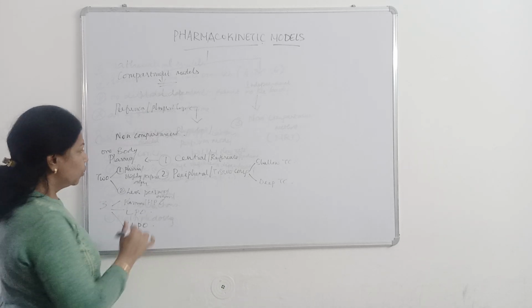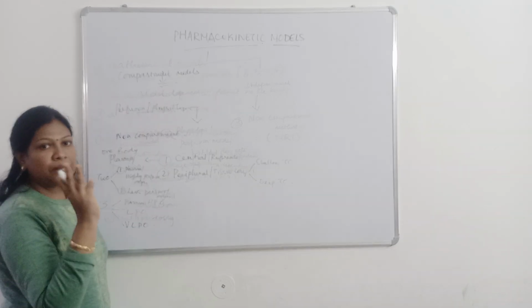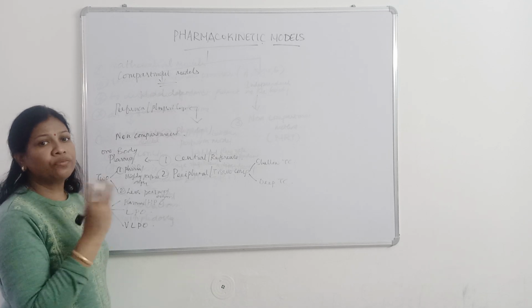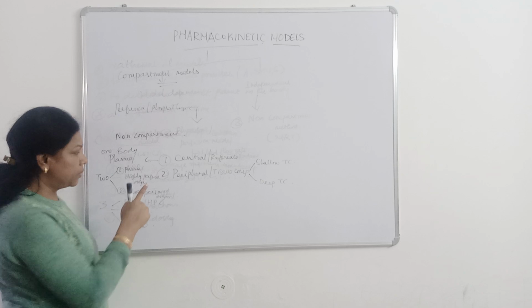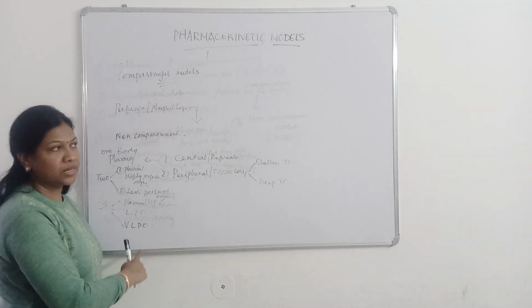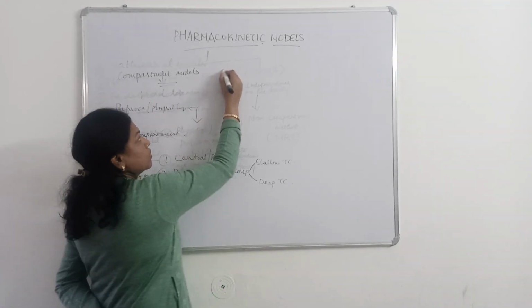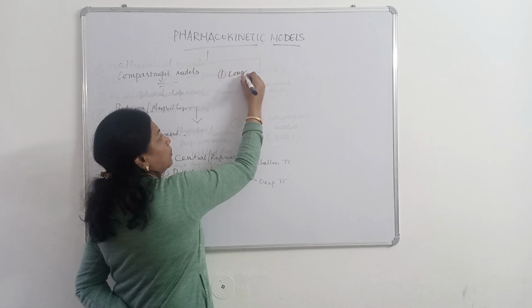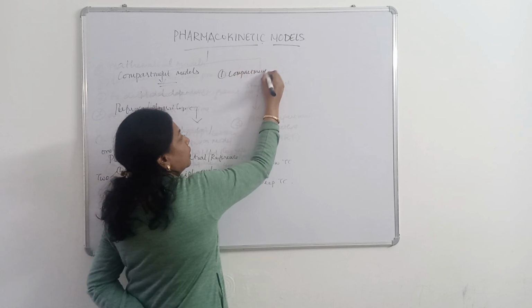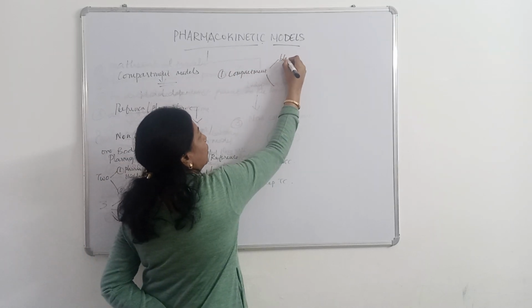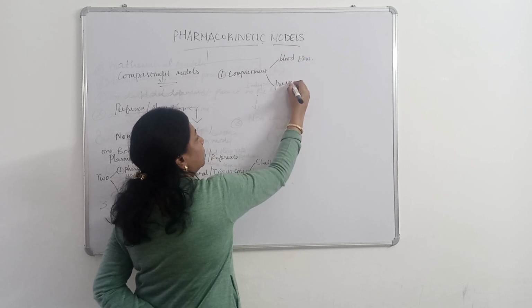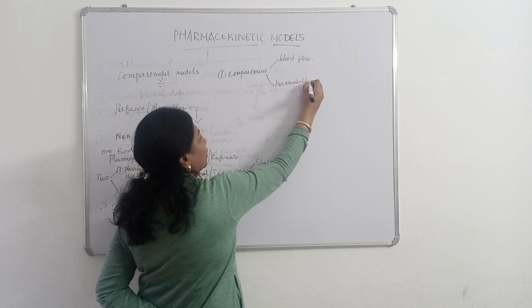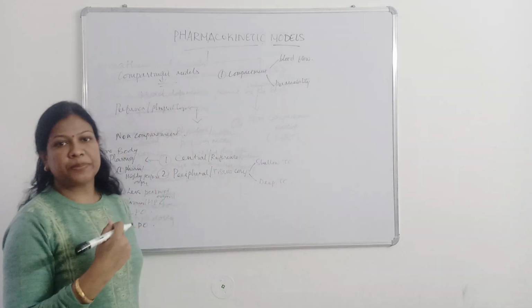Got it? So we have three types of compartment models. On what basis have we placed these organs here? One is based on blood flow. We have talked about perfusion rate. Compartments can be divided based on blood flow to that particular tissue and also the permeability of the drug to that tissue.